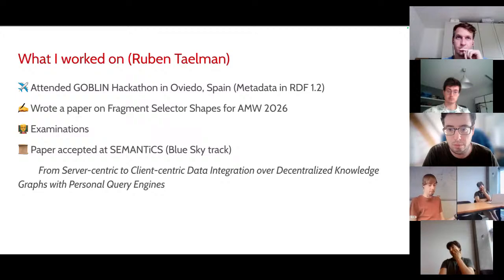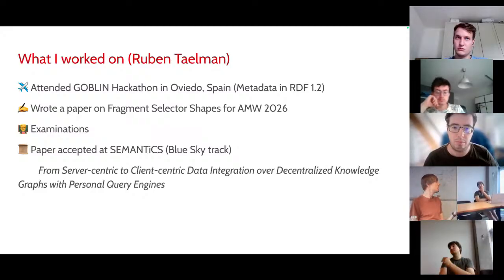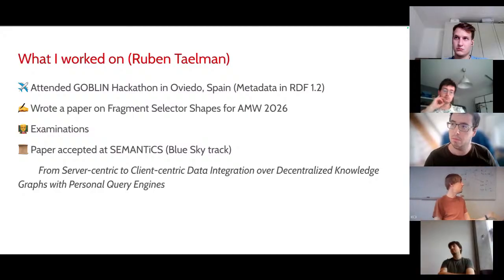But then you also have interfaces like BRTPF, which is an extension of triple pattern fragments, where you can say that this interface supports triple pattern queries and optionally also value clauses. So this paper formally introduces these fragment selector shapes and gives some concrete examples of different interfaces, and how you would represent these shapes.